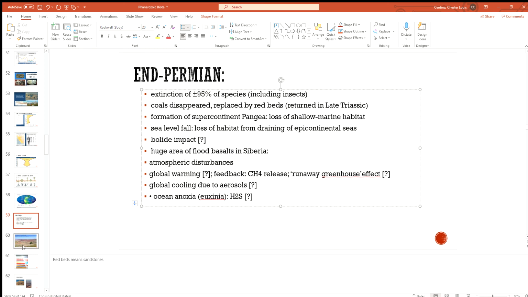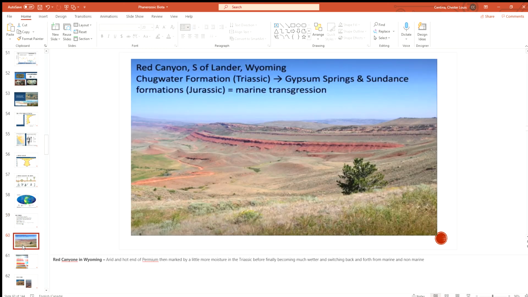Okay, so this is the Red Canyon in Wyoming. It's a hot Permian, marked by a little moisture in the Triassic, and it becomes much wetter, switching back and forth from marine to non-marine. So you see these are the regression patterns.